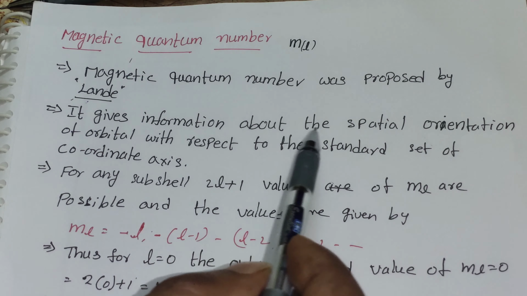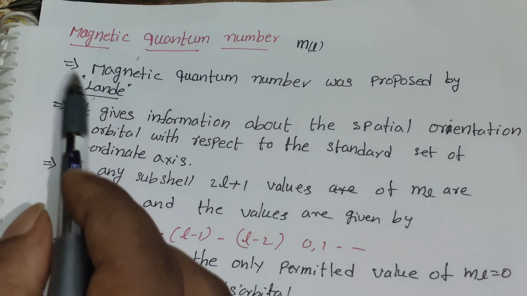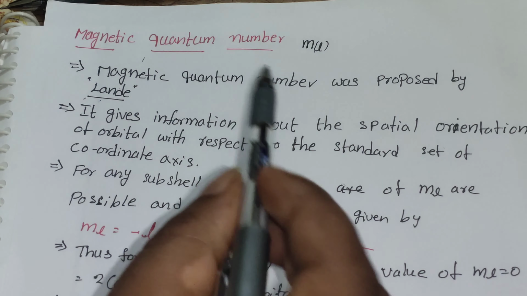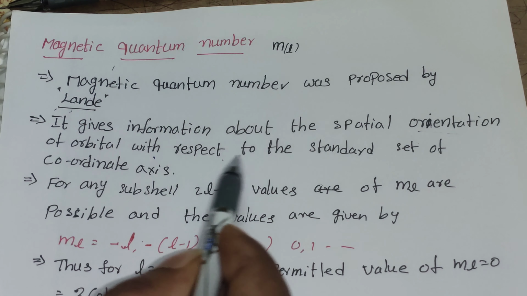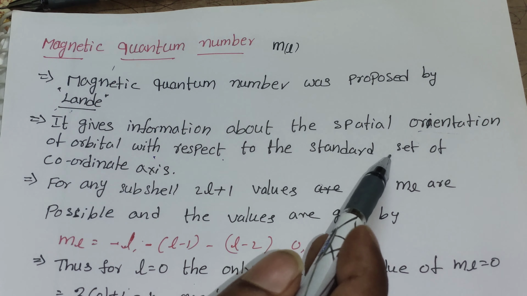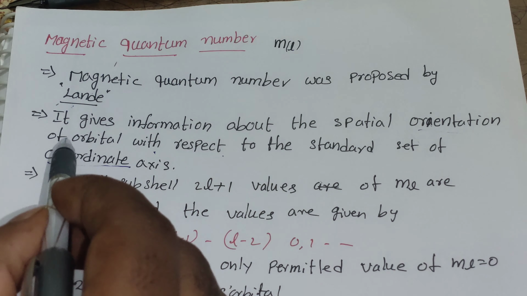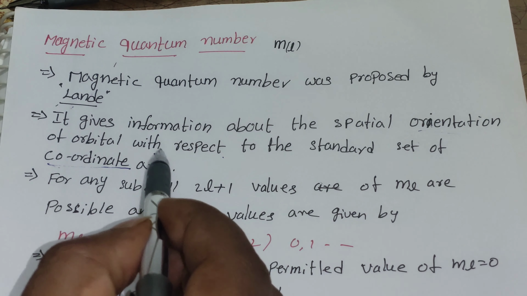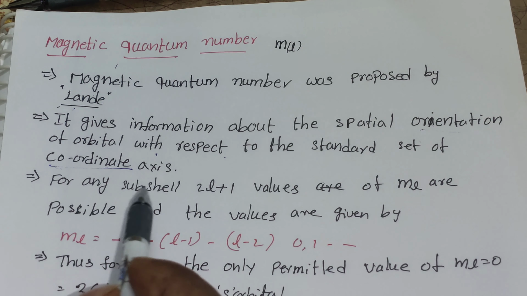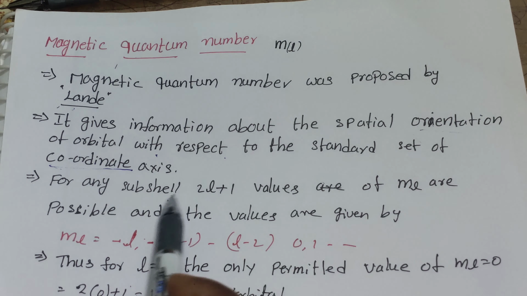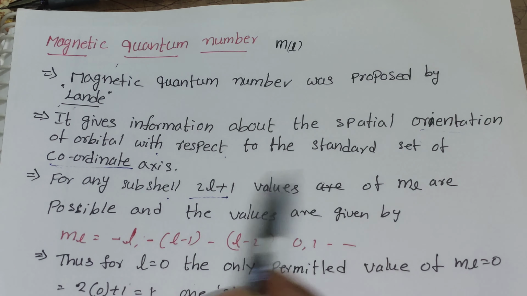It gives the information about the spatial orientation of an orbital, with respect to the standard set of coordinate axes. For any subshell, 2l plus 1 values of ml are possible.